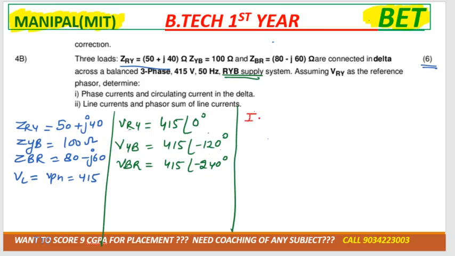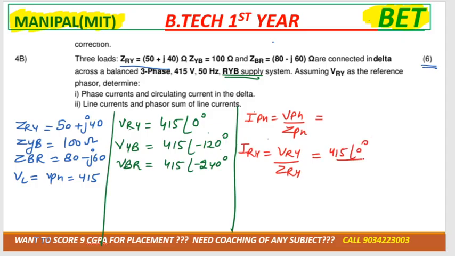So according to Ohm's law, IPH is equal to VPH by ZPH. VPH means like IRY would be equal to VRY by ZRY. VRY is known, 415 angle 0 degree. ZRY is 50 plus J40, right? IYB is equal to 415 angle minus 120 degree, and ZYB is 100.